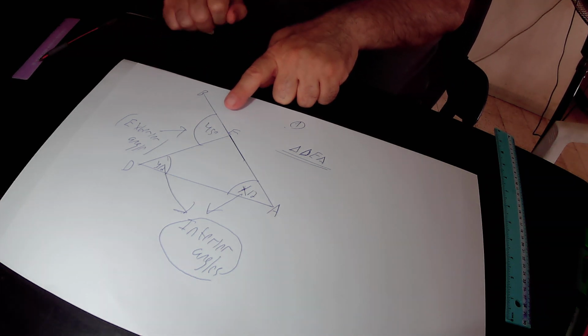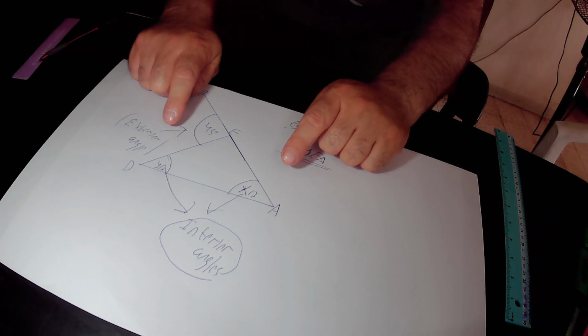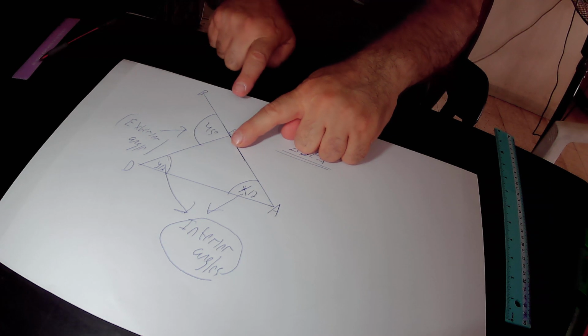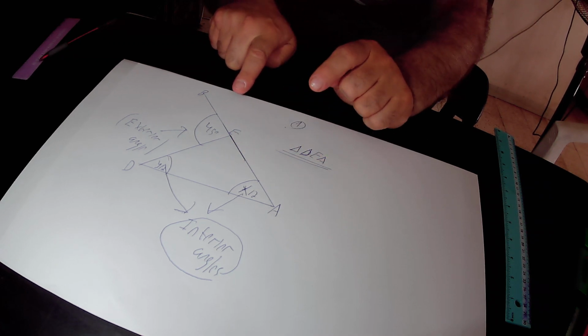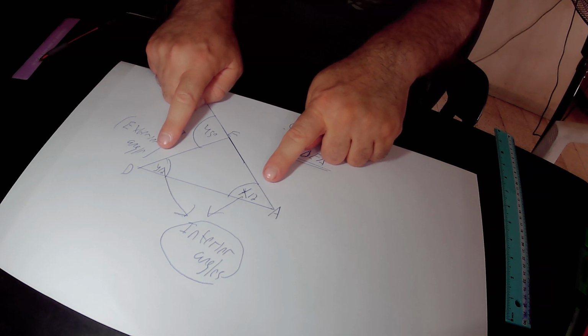So the size of this exterior angle DEB is equal to the sum of the two interior angles that are not adjacent to it. This is angle DEA that is adjacent to angle DEB, and the two other angles that are not adjacent to it are those two angles, x over 2 and y over 2.